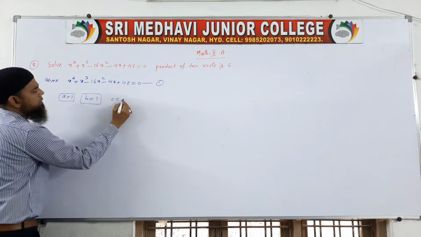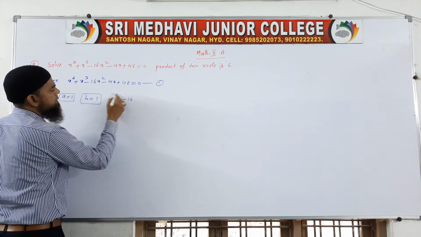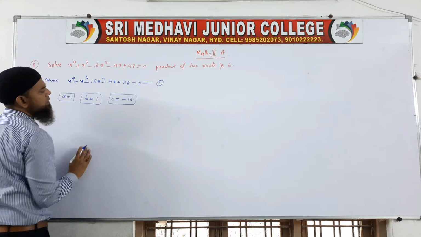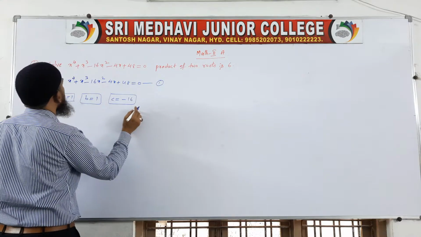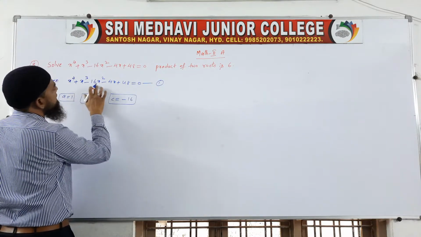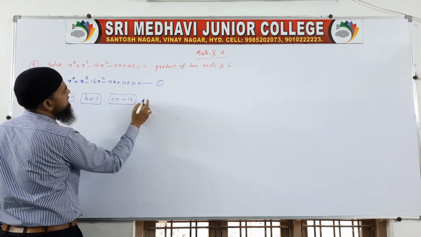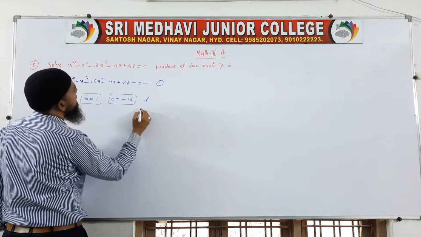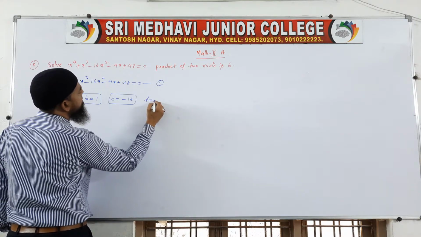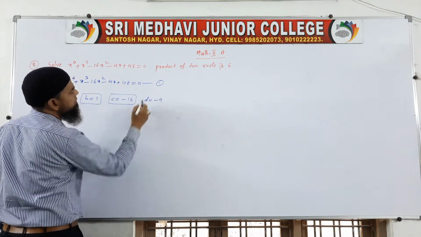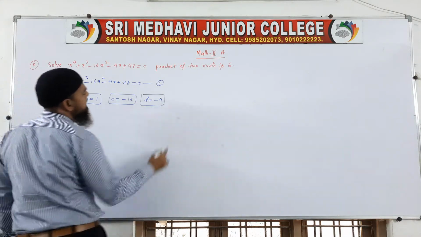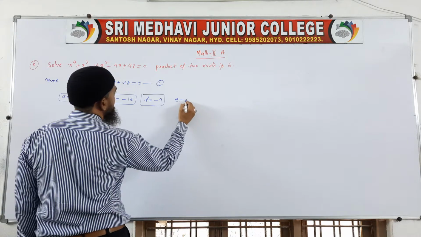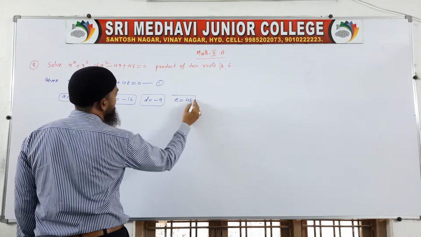C is equal to minus 16. Then A, B, C, D, E. D is equal to minus 4, and E is equal to 48.